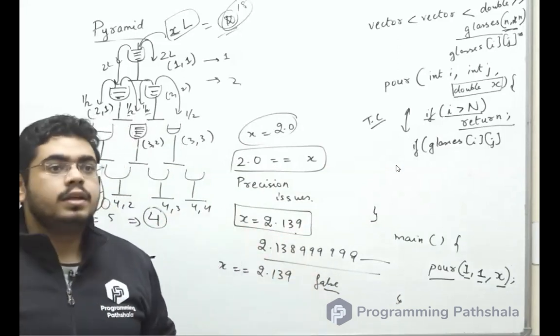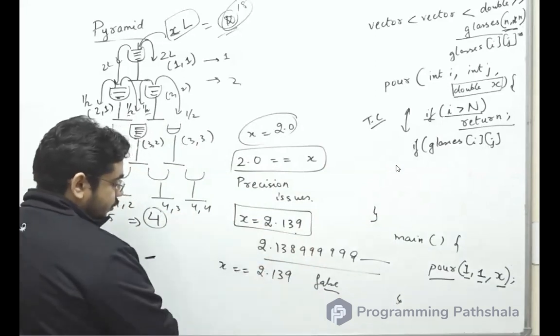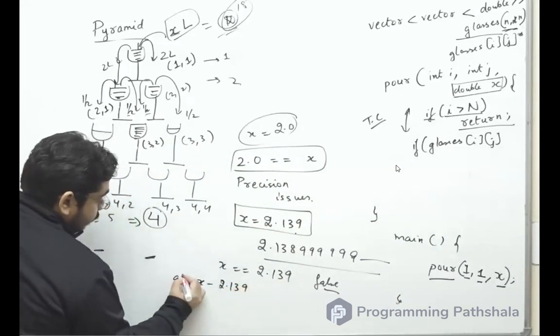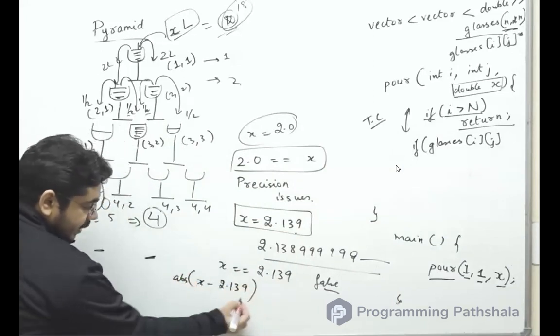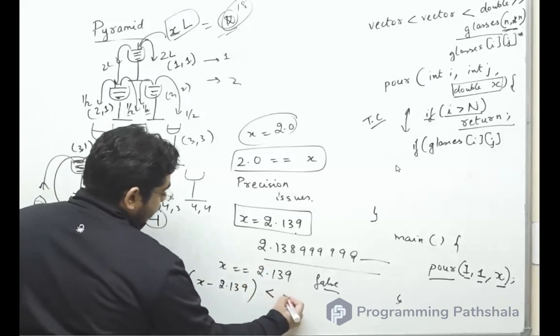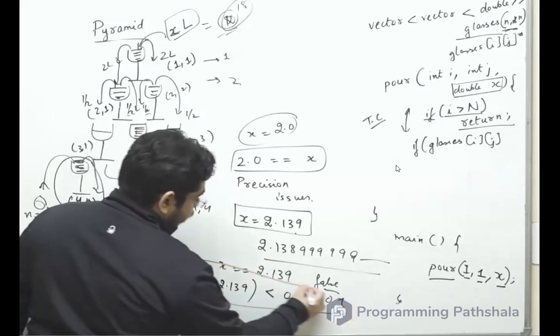So basically what you do is, whenever you want to compare floats, you say if x minus 2.139, absolute value, like the absolute difference between them, is very, very small, so smaller than 0.00001 or a very small value.